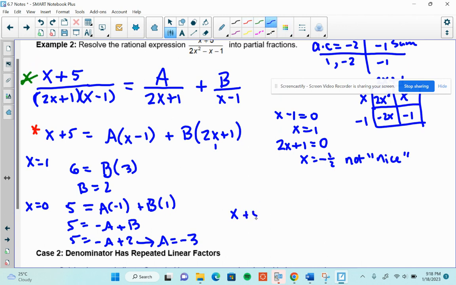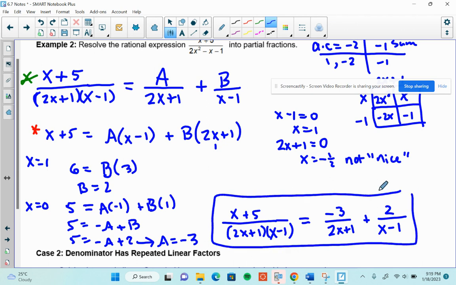So we have x plus 5 over 2x plus 1 times x minus 1 equals, I'm going to replace the a with negative 3, negative 3 over 2x plus 1. And then plus, replace the b with the 2, 2 over x minus 1. And there's our answer.